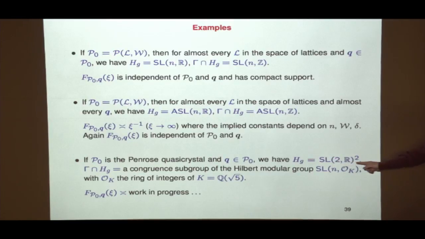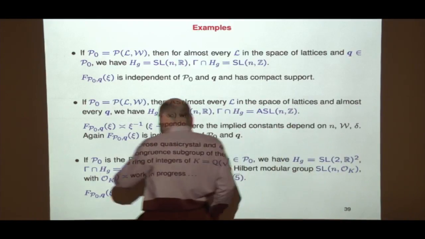And what you can show is that the way the Penrose tiling is constructed using algebraic numbers, the group Hg is SL2R squared, which is embedded in SL4R, just as blocks.